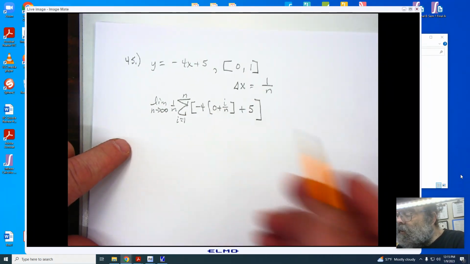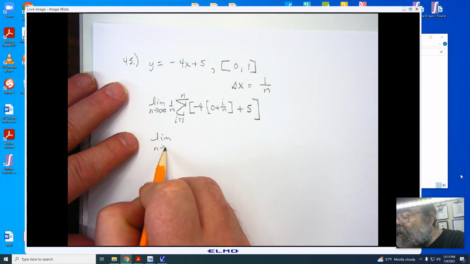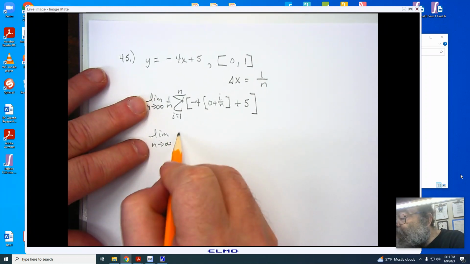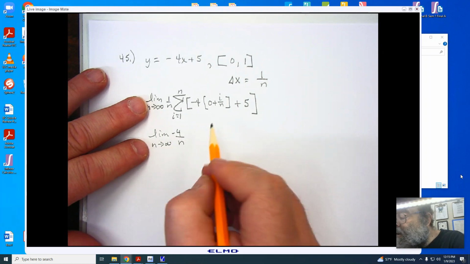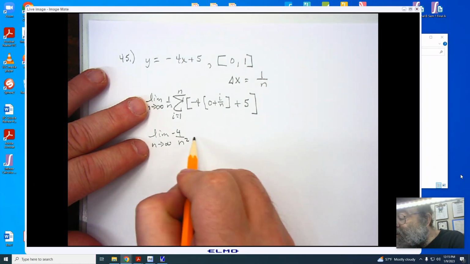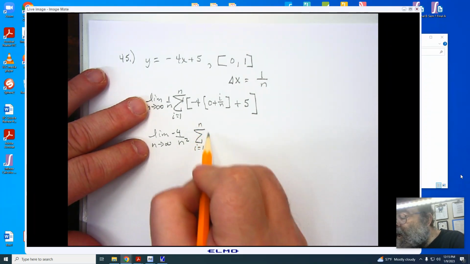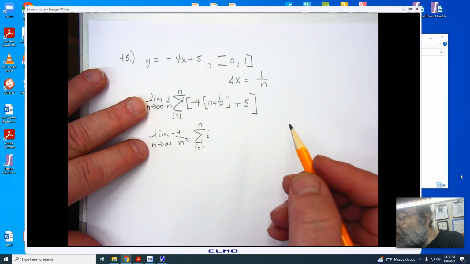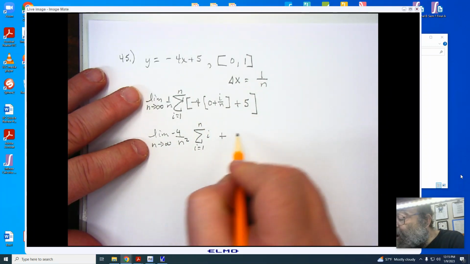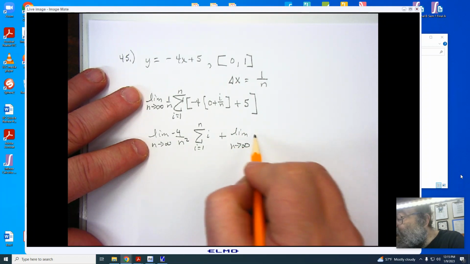Now you'll notice the 0 is going to go away, so I'm just looking at the limit as n approaches infinity. And I have 1, and I'm going to bring out the negative 4 over n, which becomes n squared, with the summation of i equals 1 over n for i. So I've already factored out that piece. I then have plus the limit as n is approaching infinity.